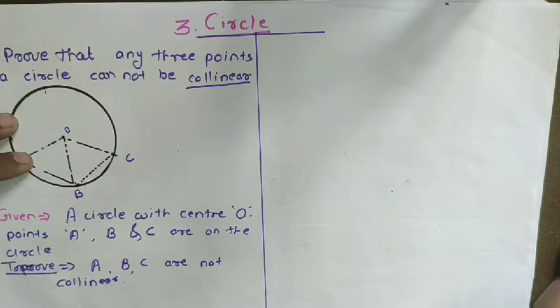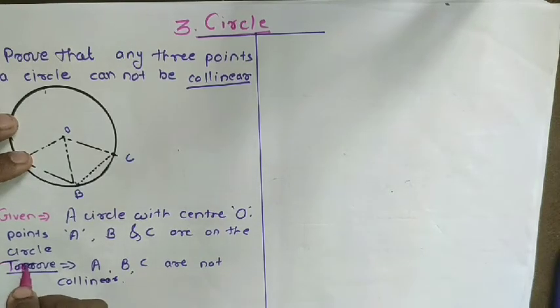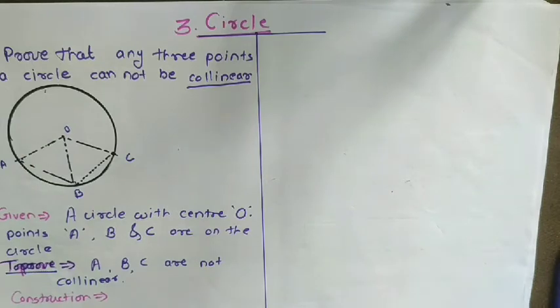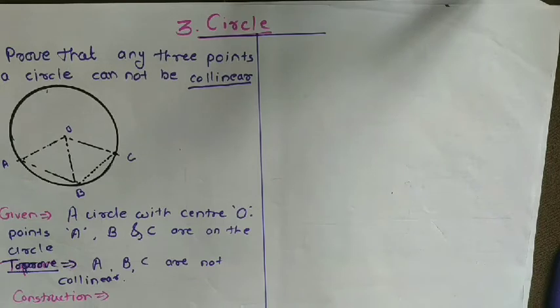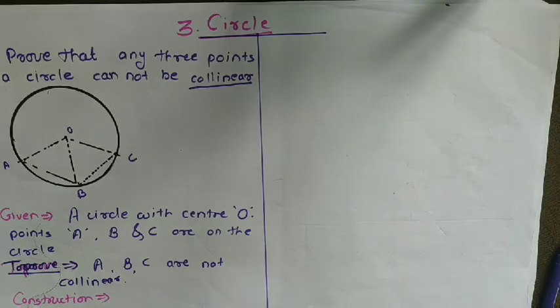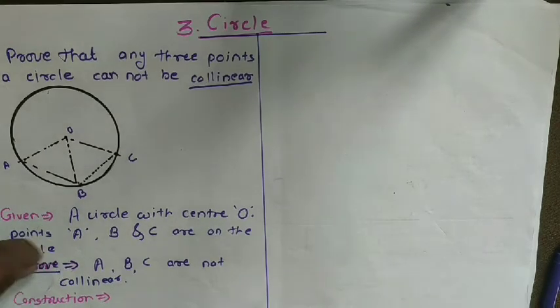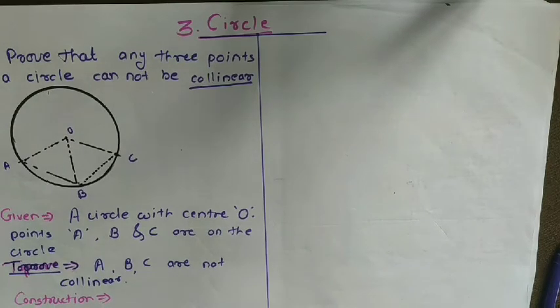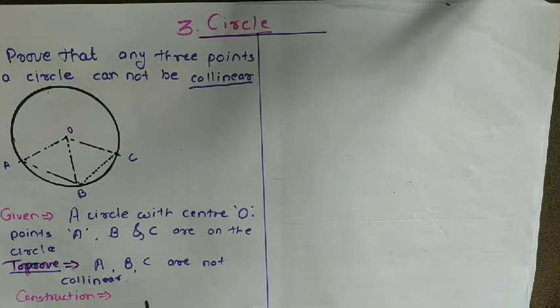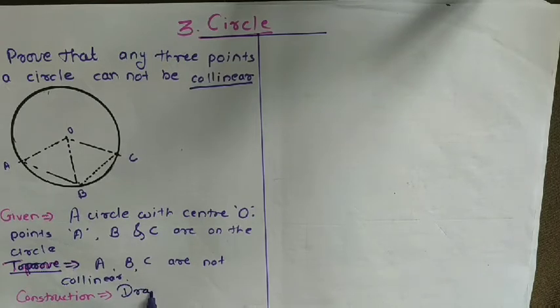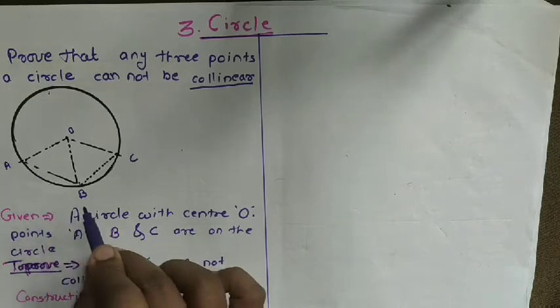So I will write here the construction, whatever construction we have done. Draw seg AB, this is AB.